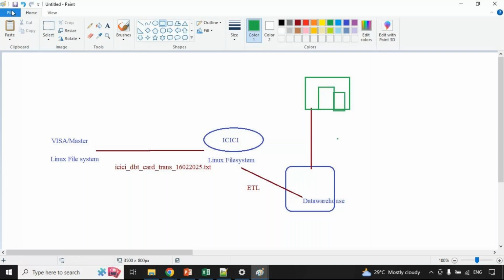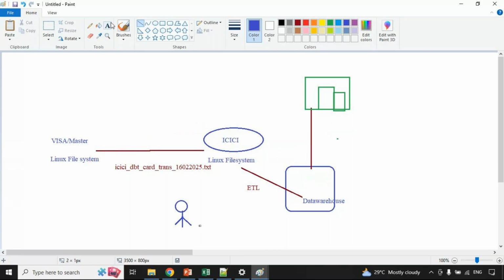Here, guys, as a data engineer, your main responsibility is to ingest the data, load the data into the tables, and as per the requirement, provide the data to the reporting team.